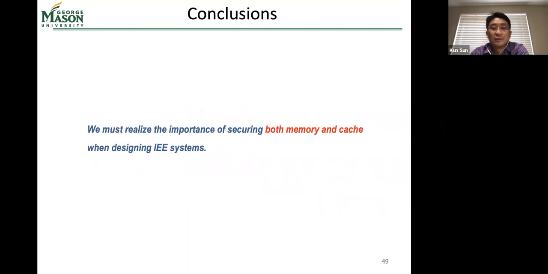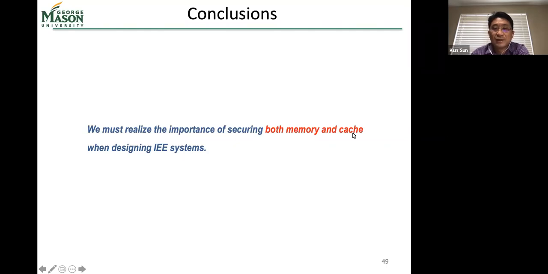So for this work, we say we need to protect both the memory and the cache when designing an IEE system. Previously, most work focused on protecting the memory and didn't have a complete protection of the cache.